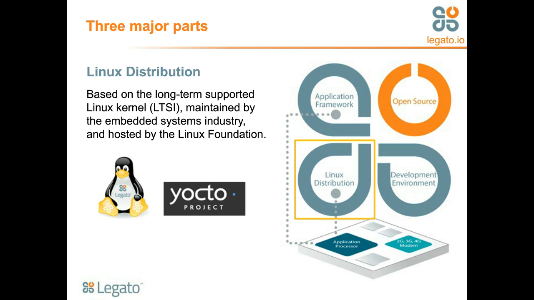So Legato Linux is based on the Linux Foundation's Yocto project. And for those of you who are not familiar with the Yocto project, I'll give a quick introduction. In the past, SoC vendors needed to provide a working Linux distribution for their chips to be able to sell them into certain markets. Each chipset vendor tended to roll their own distribution, but this was not their core competency, and once the chips were sold, there was little incentive for them to actively maintain their Linux distributions.